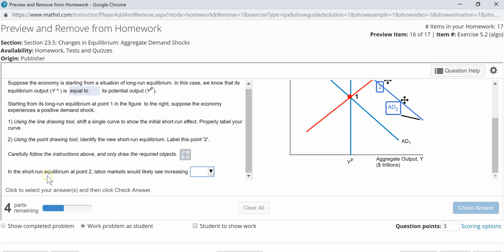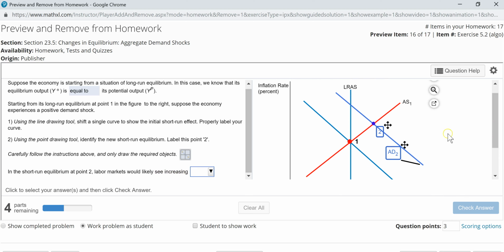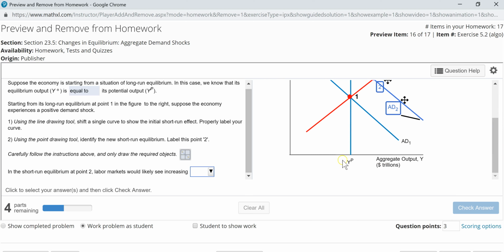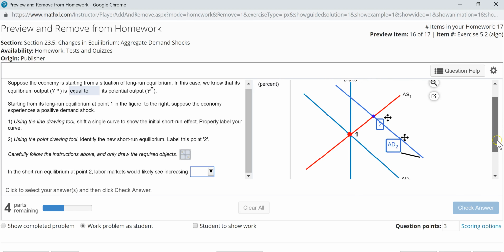In the short-run equilibrium at point 2, labor markets would likely see increasing tightness. So if you look at this point 2 compared with the initial output, remember the initial output is the potential, right? The long-run potential output level.